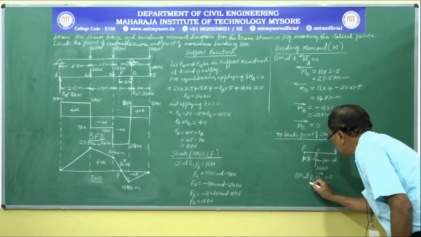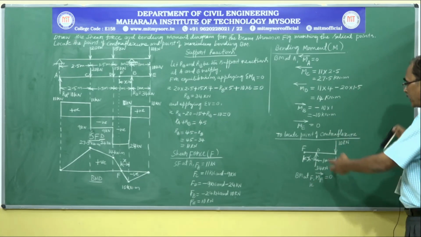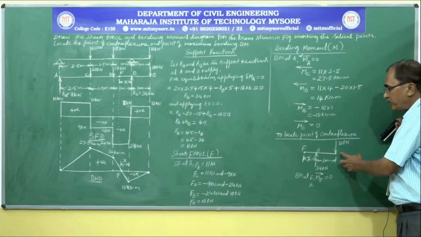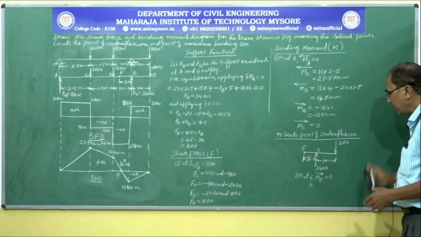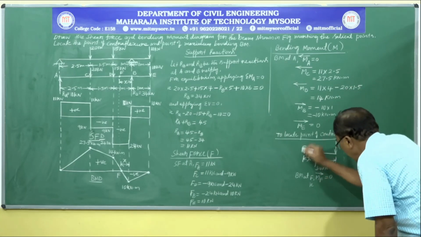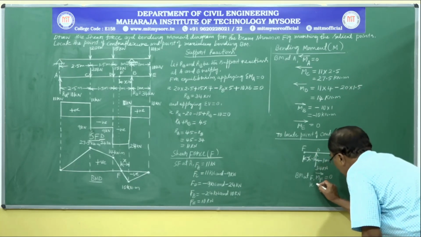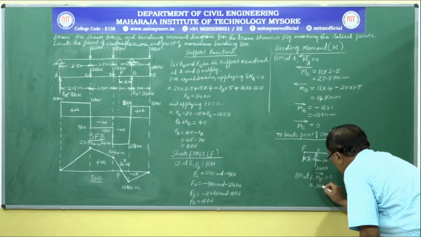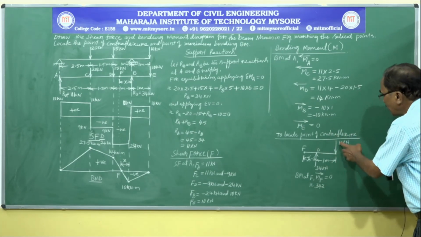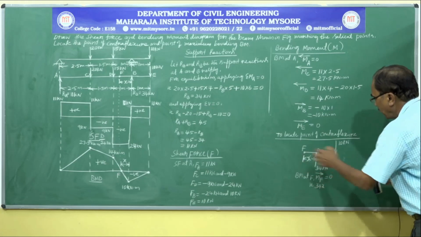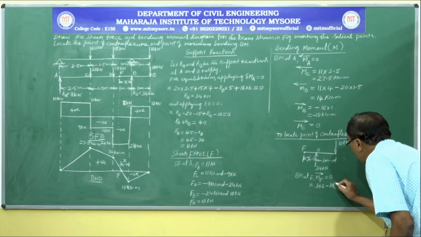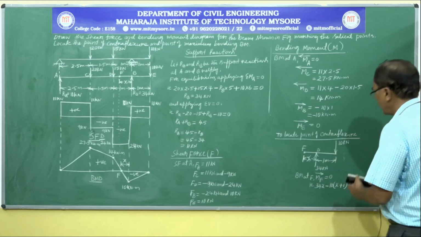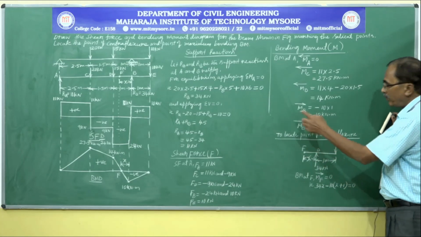That is, considering the right side, treat anti-clockwise as positive and clockwise as negative. So this support reaction will create anti-clockwise moment, positive 34 into x, and this 10 kilonewton load will create the clockwise moment, negative 10 into (x plus 1), that is equal to 0, because we know that bending moment at point F is 0.